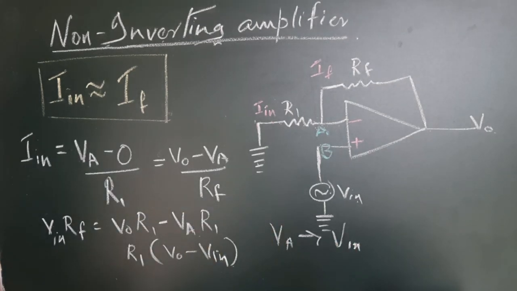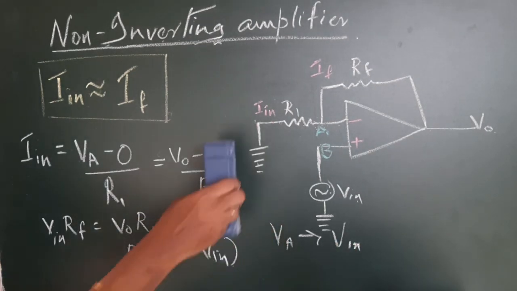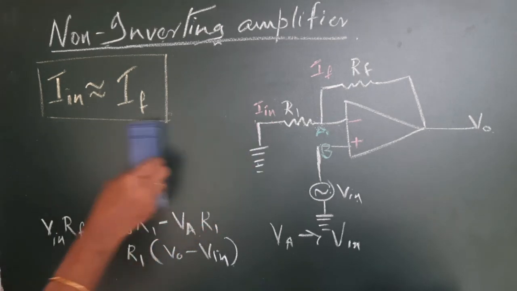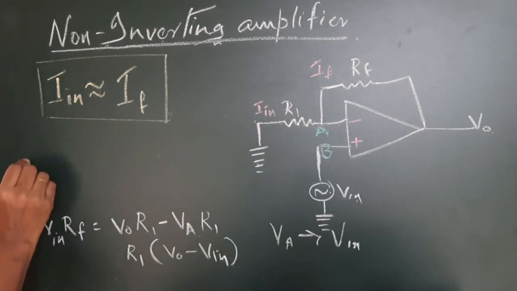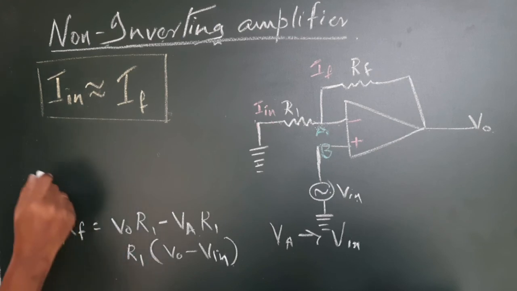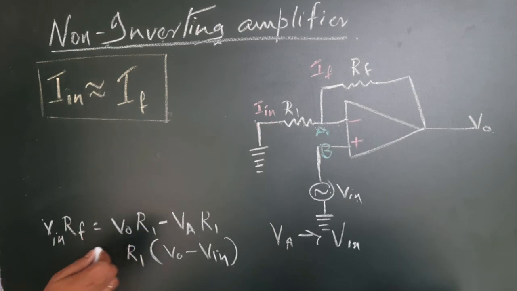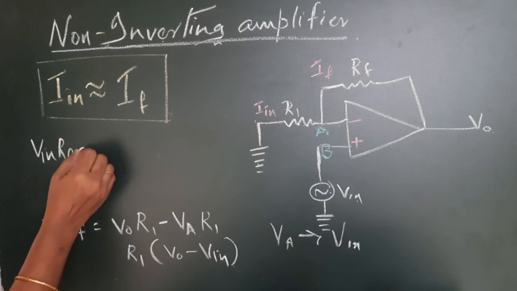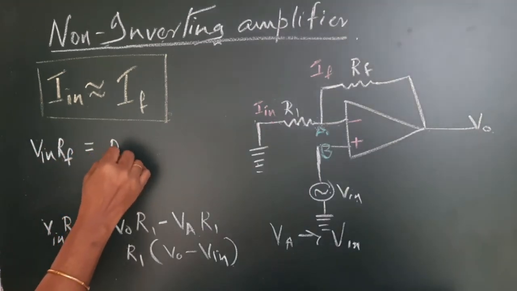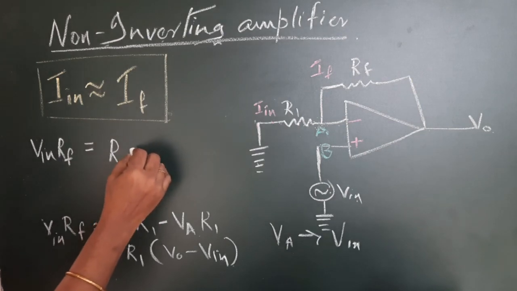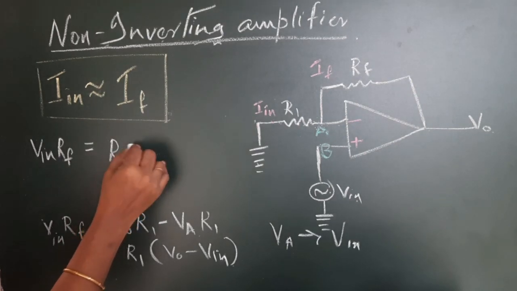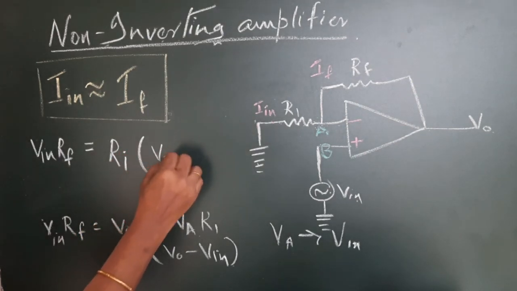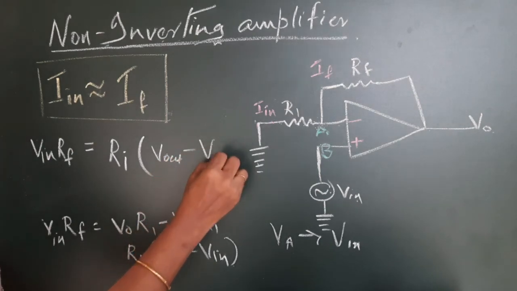Okay. So now we will continue this rearrangement and finally come up with what is our V out by V in. So V in into RF is equal to R1 or RI, whatever it is, I have used both the variables, V out minus V in.